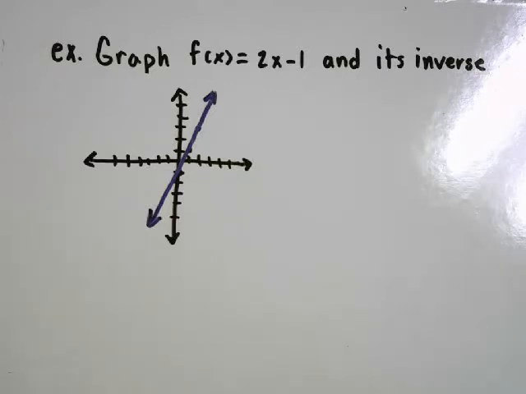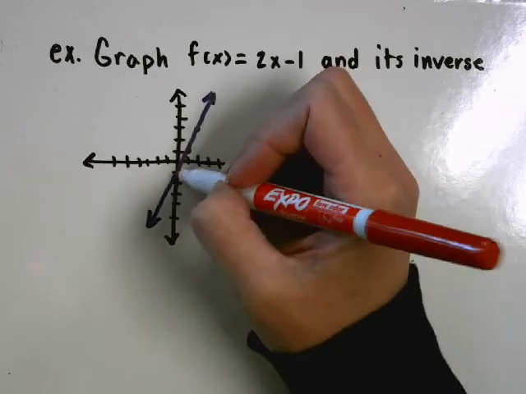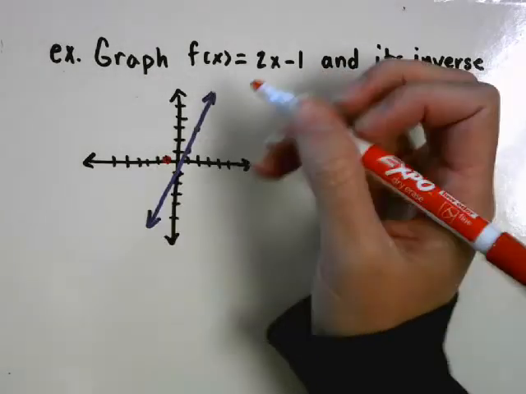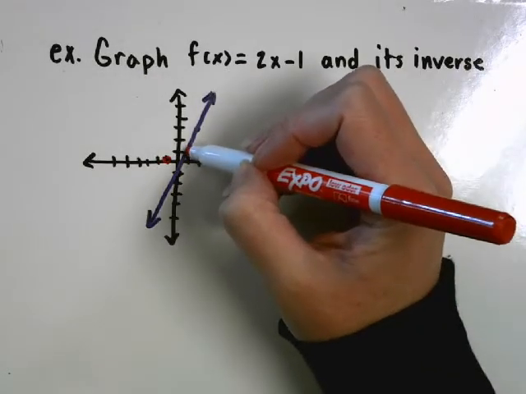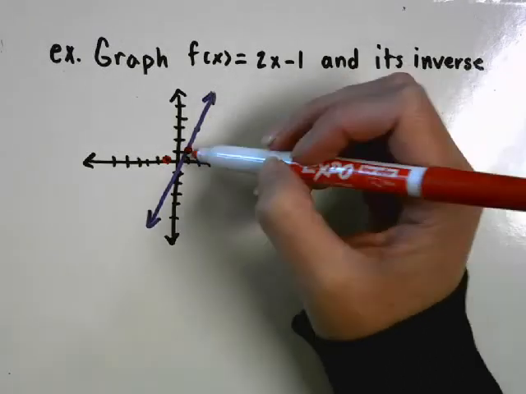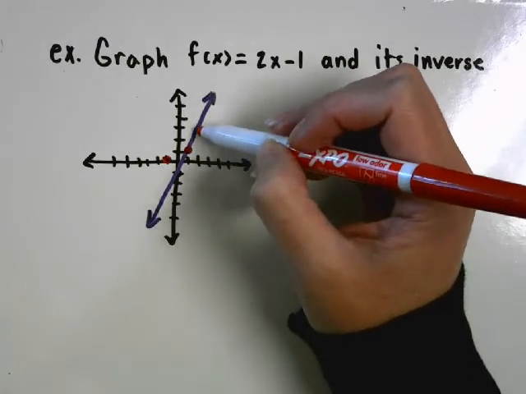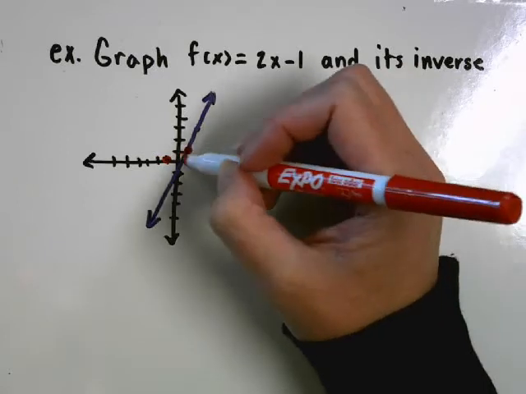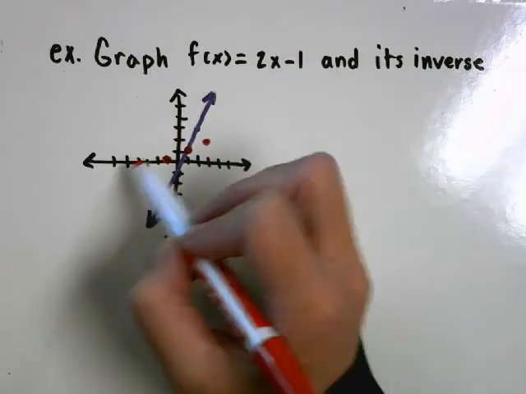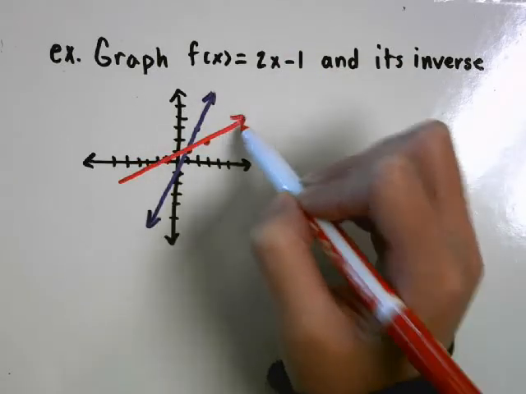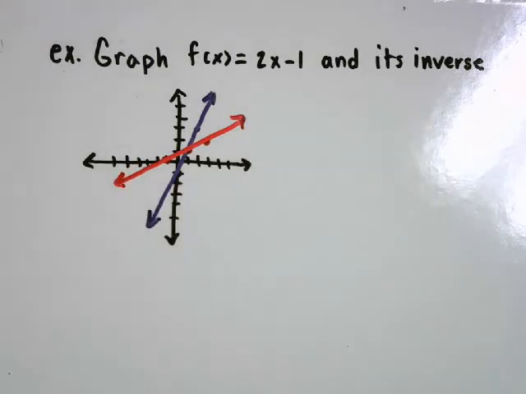So the point 0, -1 is now going to be at -1, 0. This point at 1, 1 will be at 1, 1. And then this next one is at 2 and 3. So then we'll go 3 and 2. And that's enough to show us our inverse. Now that one is a function.